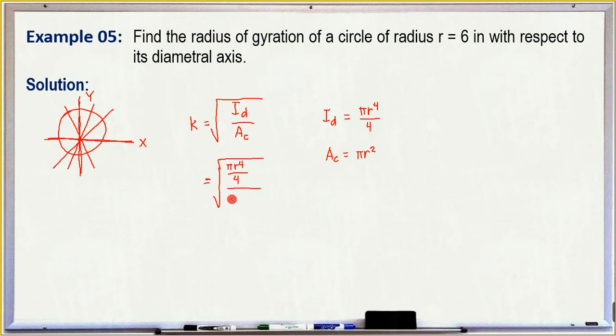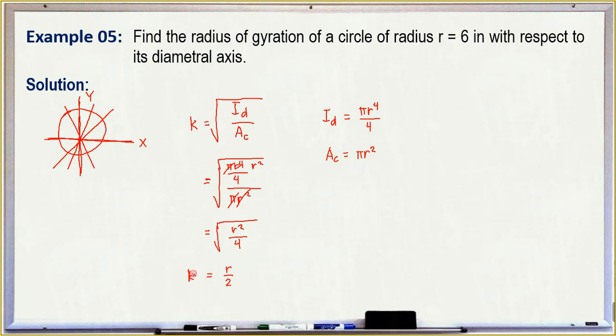Over pi r squared, the pi cancels and the r squared cancels, what's left is r squared over 4 inside the square root, and that is equal to r over 2.